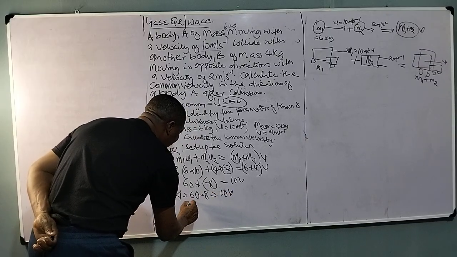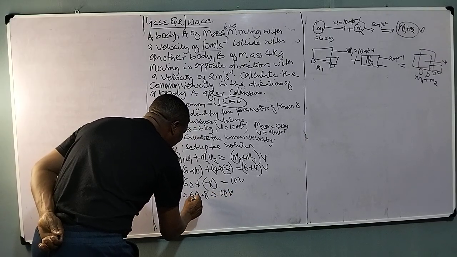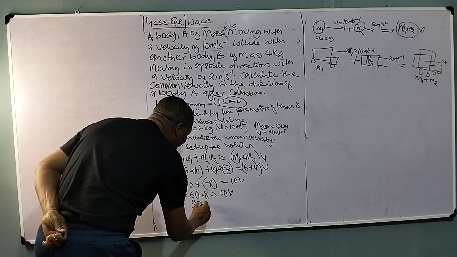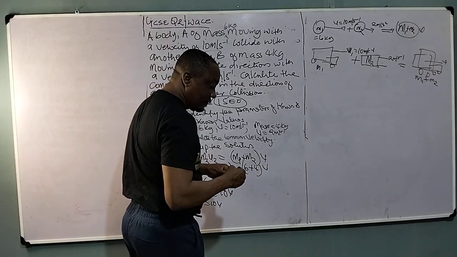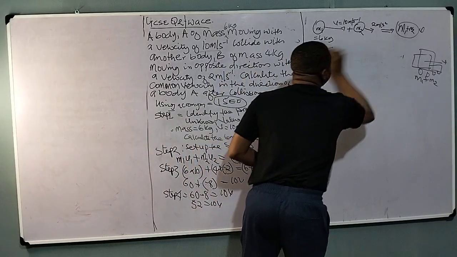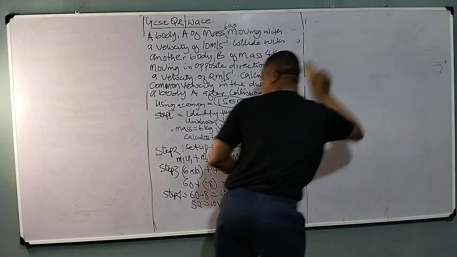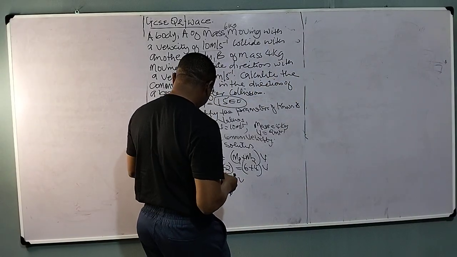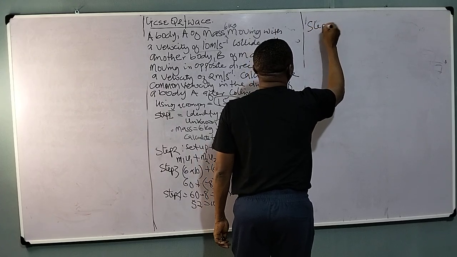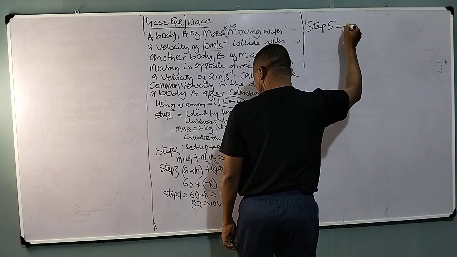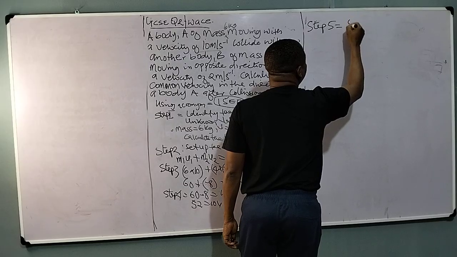So we now have 52, 60 minus 8 gives you 52 equals 10V. As we have that as 10V, we are coming back here in the final stage, which is step 5.